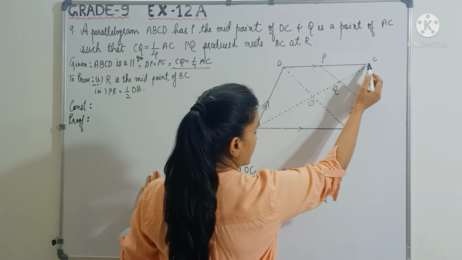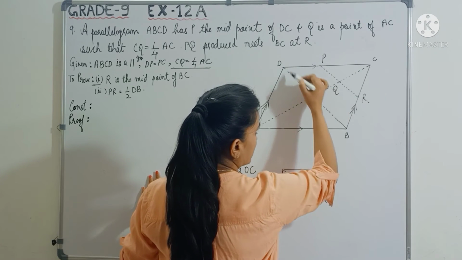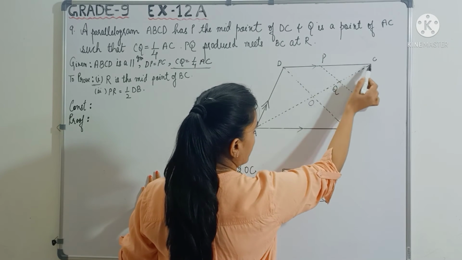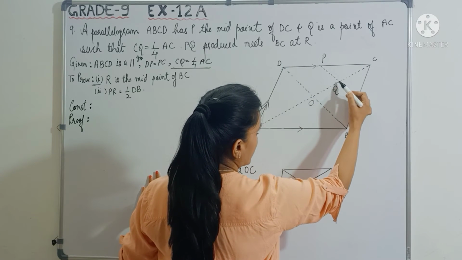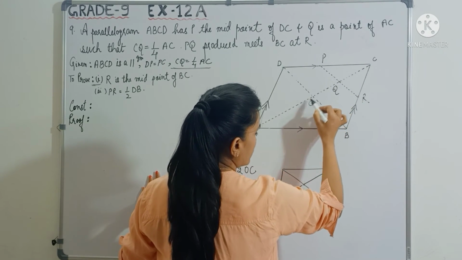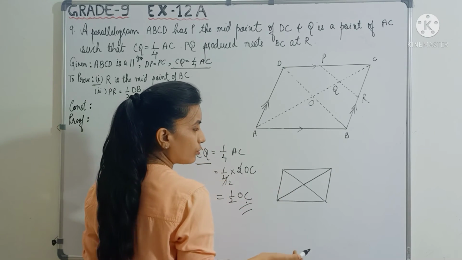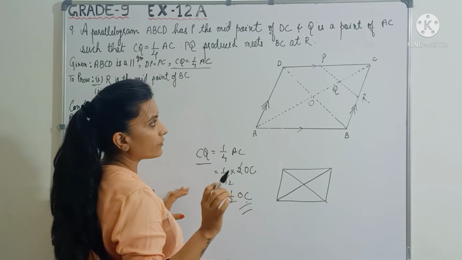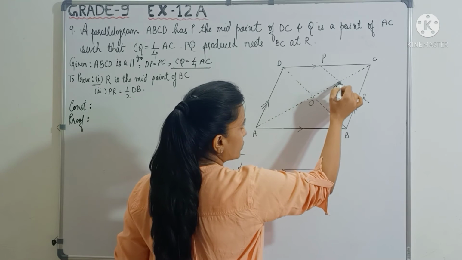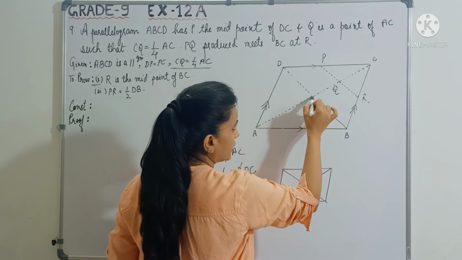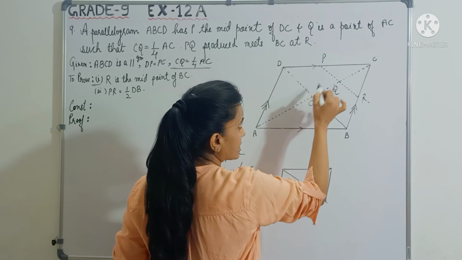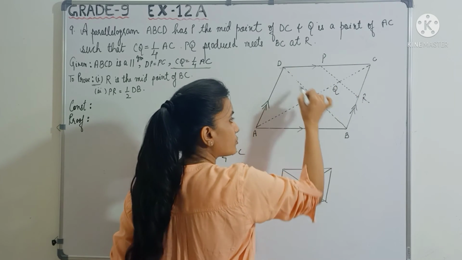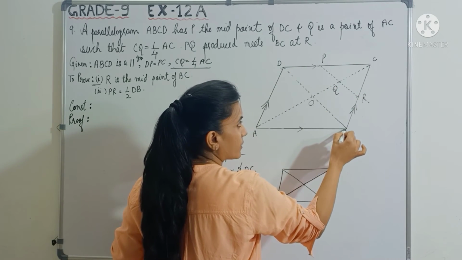Okay. So now in triangle CDO, P is the midpoint of CD and Q is the midpoint of CO, as we have just shown. So from the midpoint theorem, we can say that PQ is parallel to DO, right? Now if PQ is parallel to DO, can I say that PR is parallel to DB, right?